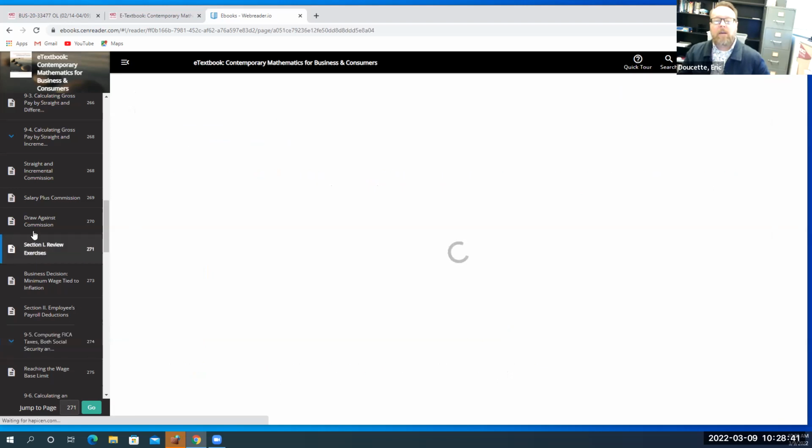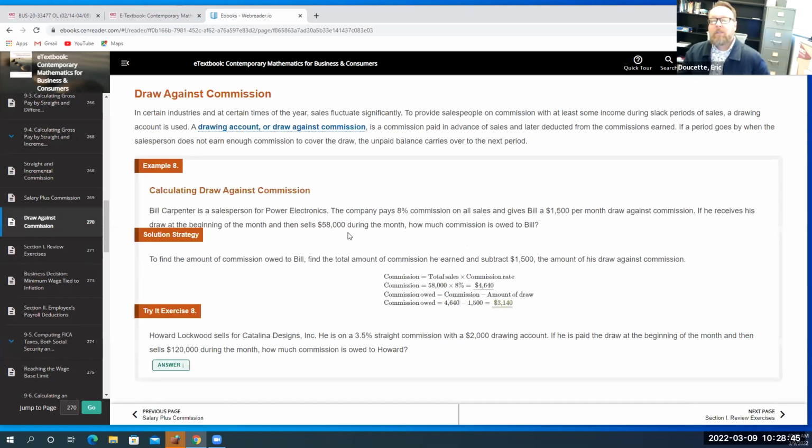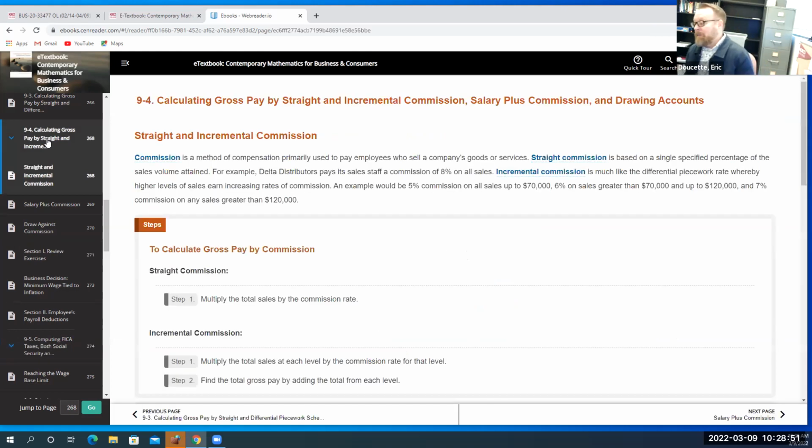But other than that, it's really just figuring out your paycheck. There are different kinds of pay that you can get. There's, of course, hourly pay. There is pay plus commission. There's piecework pay, where you get paid per unit that you produce. All you're asked to do in the questions is to get the amount of the paycheck, or their gross pay.